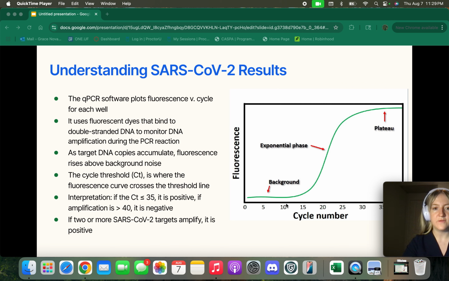But if it is above 40, we reach this plateau here. There's nothing there. The test is most likely negative. If two or more SARS-CoV-2 targets amplify, it is also positive. So instead of just fluorescence here, we can also target other areas specifically as well.